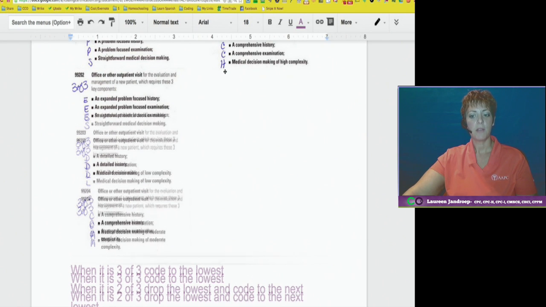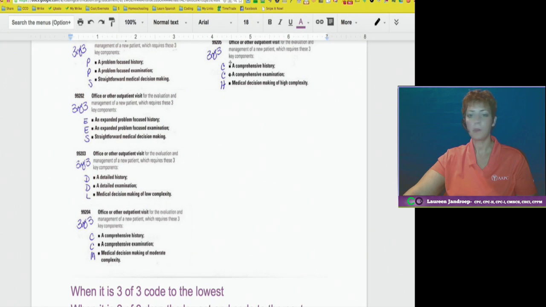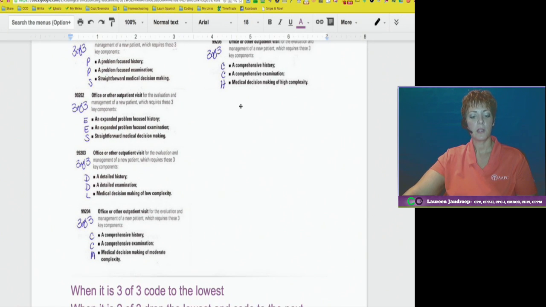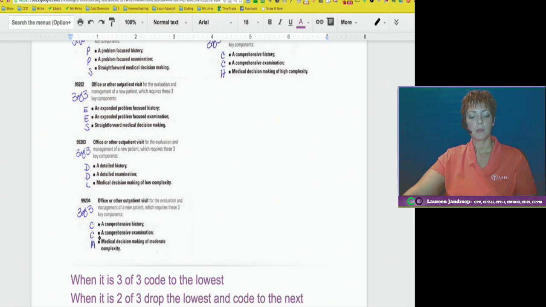But if I try to make it fit a level 5, the first 2 bullets don't meet or exceed, so we have to scratch that one off. If we look at the level 4, we only have 2 of the 3 bullets, so we have to code to the lowest. It's going to be a level 3. So that's why the saying is when it's 3 of 3, code to the lowest.